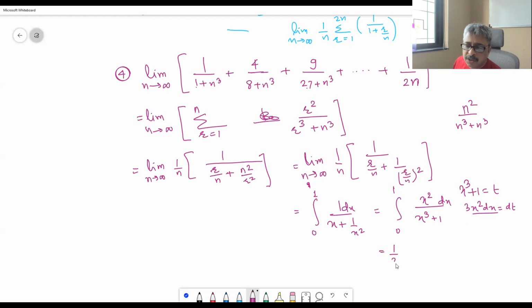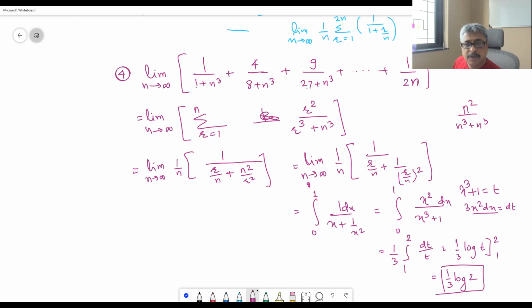This is 1 by 3 integral. If x is equal to 0, t is equal to 1. If x is equal to 1, t is equal to 2. dt upon t, which is log t. 1 by 3 log t to be evaluated between 1 and 2, which is 1 by 3 log 2.